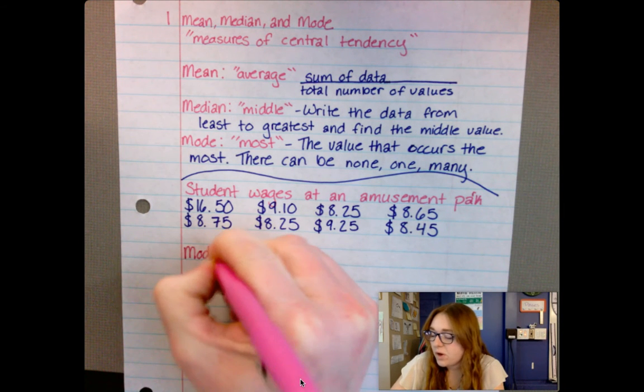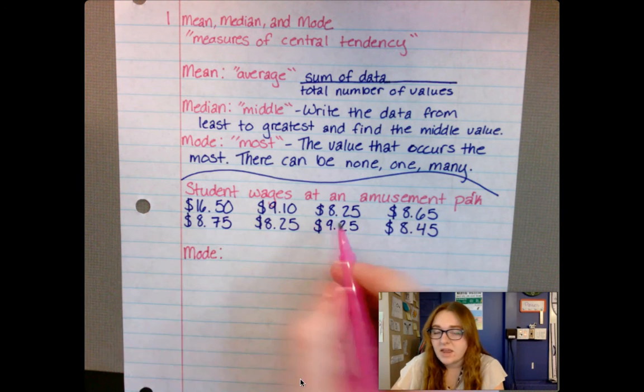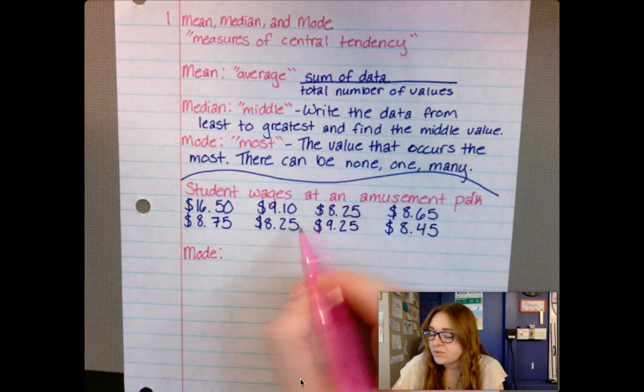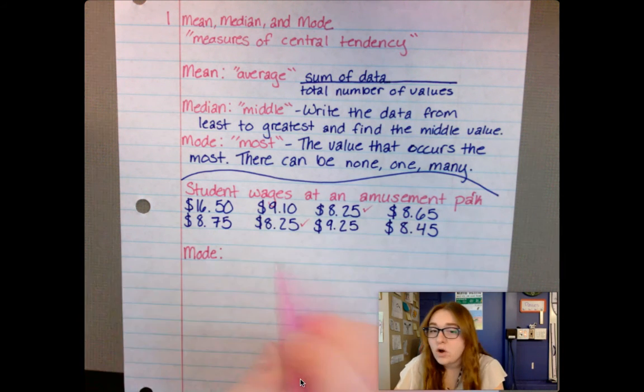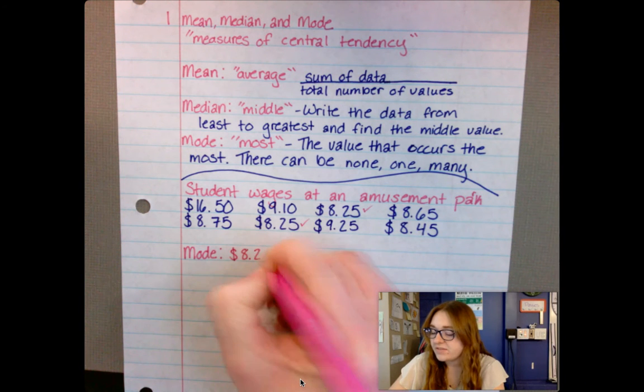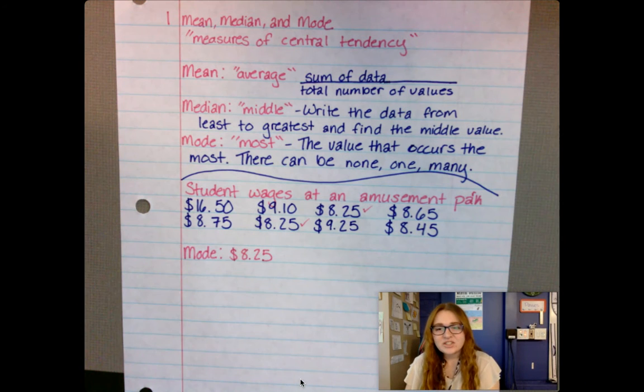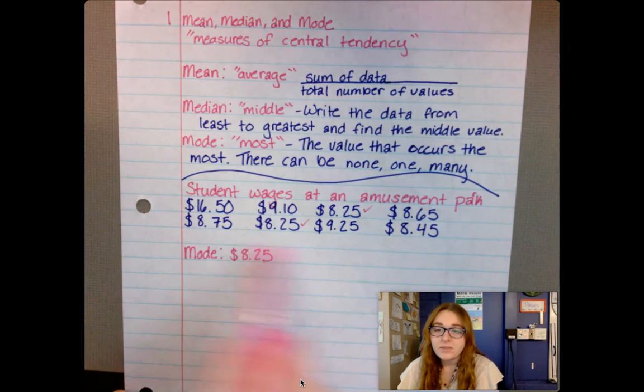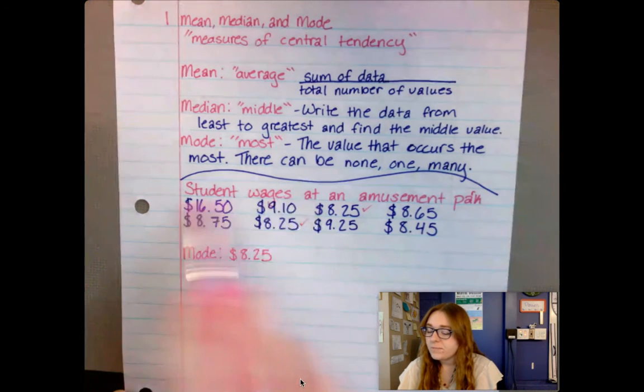So looking through our data set, I can see that $8.25 repeats twice and no other values repeat. So our mode, what occurs most often, is that $8.25. And we have to ask ourselves, is this a good representation of the data? If you were going to go and work at an amusement park, and I tell you with 100% certainty, you will make $8.25, does that do a good job of summarizing, of finding the middle value of this data?